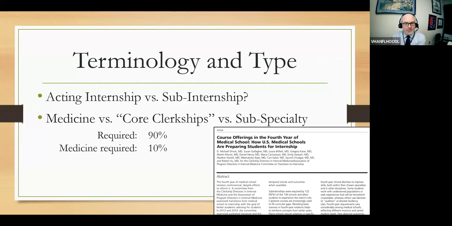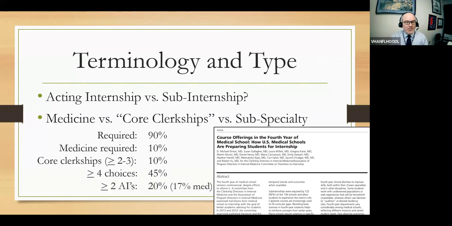For 10%, they had no other option other than medicine. You get a little bit more when you start to get into doing an AI in the core clerkships like peds, family med, surgery. But already, even in 2014, most schools had 4 or more choices. And I would say that's probably even higher just from what I've seen at websites. There were even some that require you to do 2 acting internships.